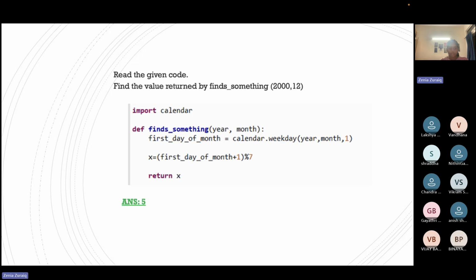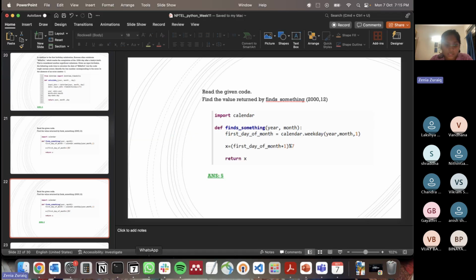Those of you who gave your answers, can you give me a logic? What we found out is that this finds out the first day of the month. So it has to check for the first day of December 2000, right? Let's go and check again.